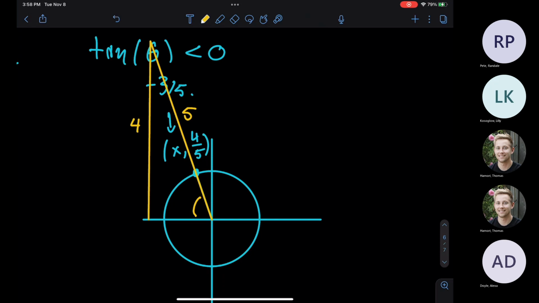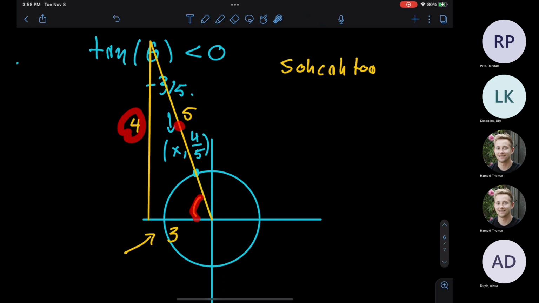Then you can easily ascertain that the other side length should be 3 because it's a 3, 4, 5 triangle. So it's just another visualization that incorporates the good old SOHCAHTOA, right? Because sine of this angle will be the opposite divided by the hypotenuse, which is 4/5. So that's how you get this number here.